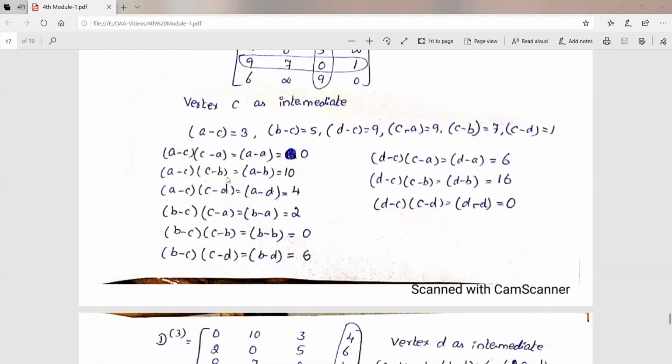Okay, and then we have to take all the intermediate vertex, that is C. So now you take A to C and then we have to take C to A, C to B and C to D. And then if you are taking BC, we have to consider CA, CB and then CD. And if you take DC, again we are having CA, CB and CD.